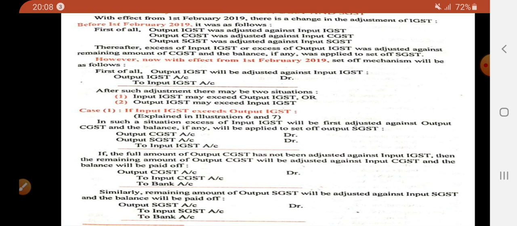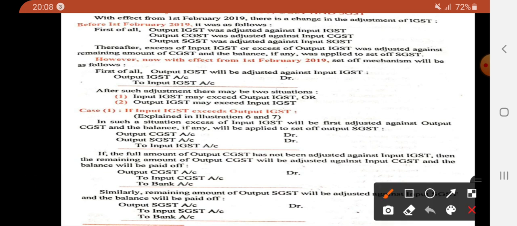Now let us see case number 1. In this case number 1, it says if input IGST exceeds output IGST. Now what is input IGST? When we purchase, we pay some GST along with the purchase, or when we pay some expense.